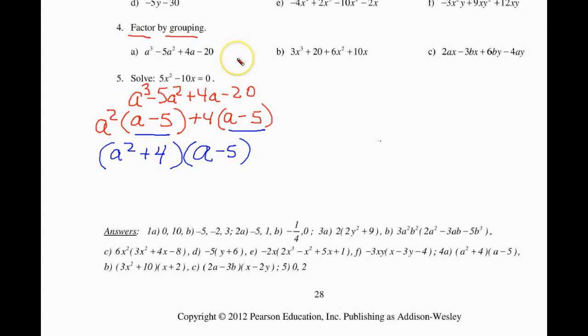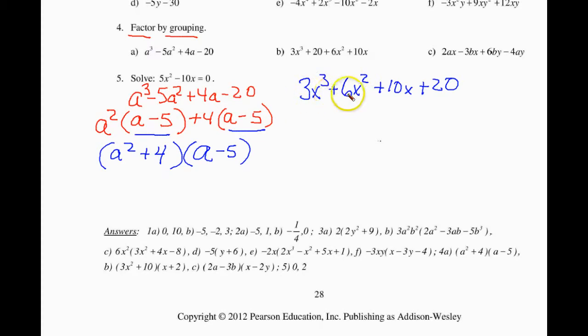All right, let's do B. Now as we look at B, I gave it a quick look, and it didn't seem that grouping was going to work. But if I rearrange them, put them in descending order, watch what happens.